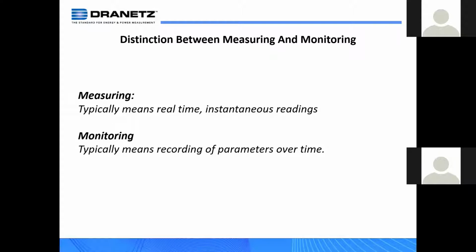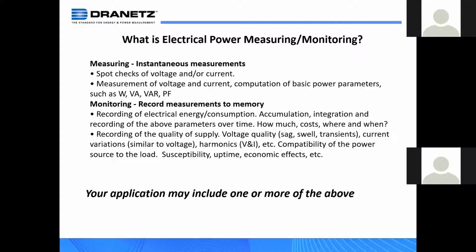In today's world, that's like a DVR for your power monitoring. You get to go back and see what happened from the time you started monitoring till the time you stopped, or the current time. So again, the difference is monitoring means that memory is involved in recording things over time. Metering is real time. You see something flash up. If you didn't write it down or remember it, it's gone, and the next update will happen. So that's really what the difference is.